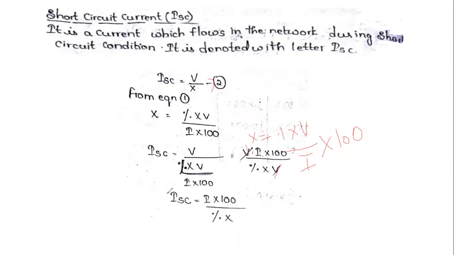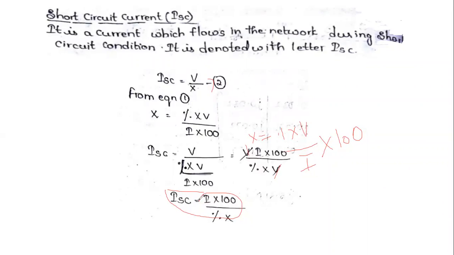Then we obtain ISC equal to I by percentage X into 100, where I is the current flowing through the circuit and ISC is the short circuit current. When a short circuit occurs in the circuit, the amount of current flowing through the circuit will be calculated using this formula.